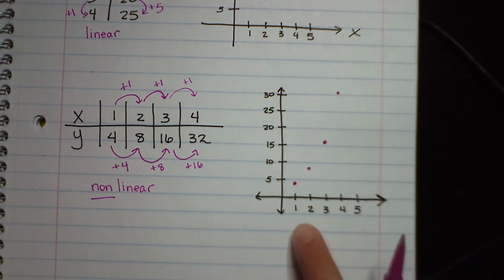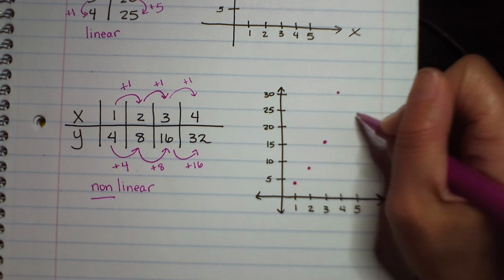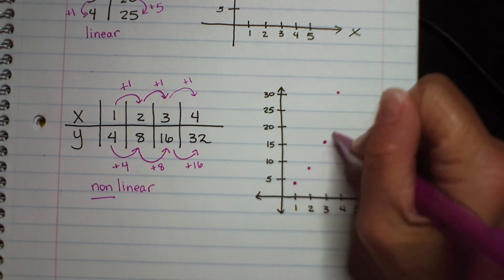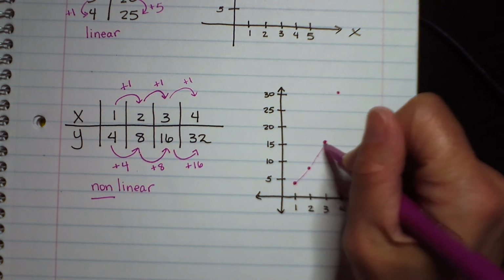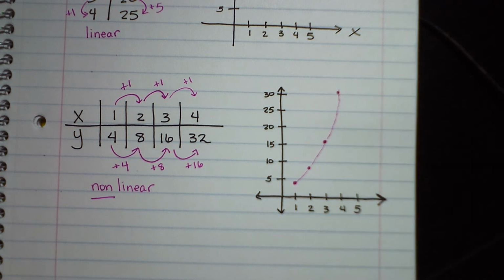If you look at this, this is more of a curve as opposed to a straight line. You will eventually study this type of function in math. But right now, what I want to notice, and I might even sketch this in a little bit so you can definitely see, is that that is not a straight line. It's more of a curve. So this is non-linear.